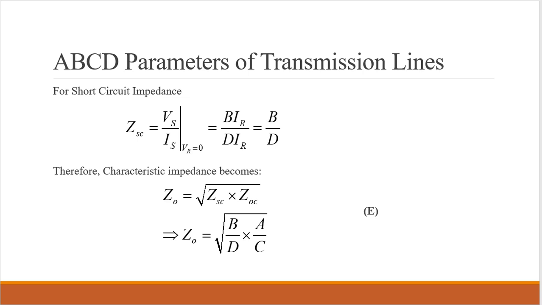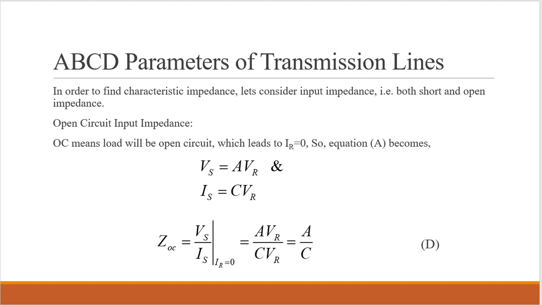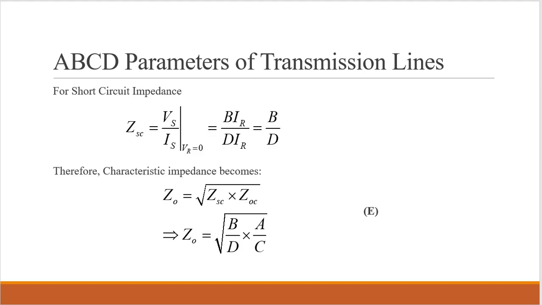It means that the receiving end voltage will become 0, whereas in the previous open circuit case we noticed that IR was equal to 0. For the open circuit IR is equal to 0, and for the short circuit we have the maximum current flowing, therefore VR will be equal to 0.